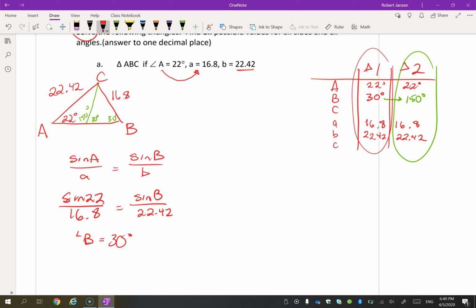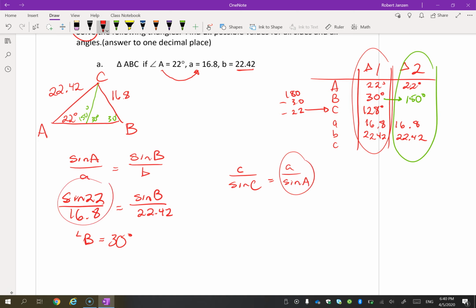So first of all, triangle 1 will have this angle would be 180, take away 30, take away 22, this is 128. Okay, and then I can find side C. So I'm using this ratio because it's the one that we were given.